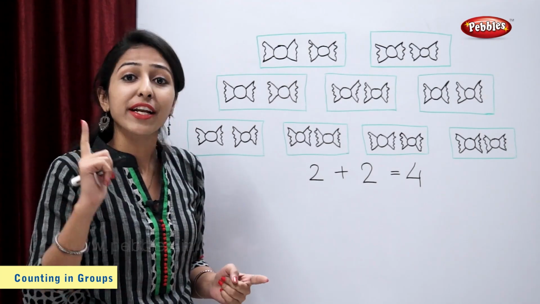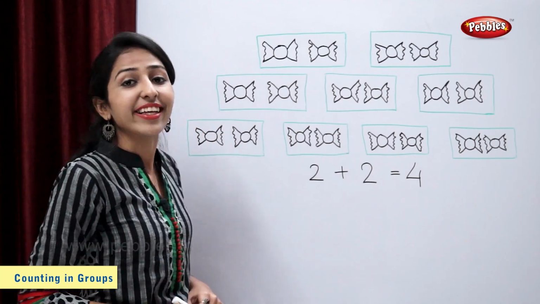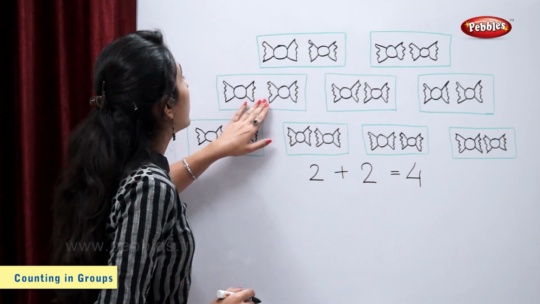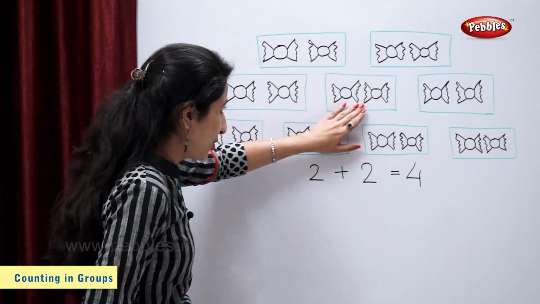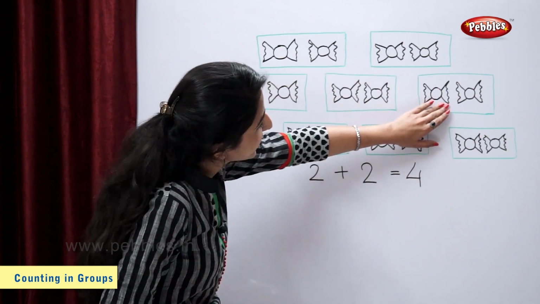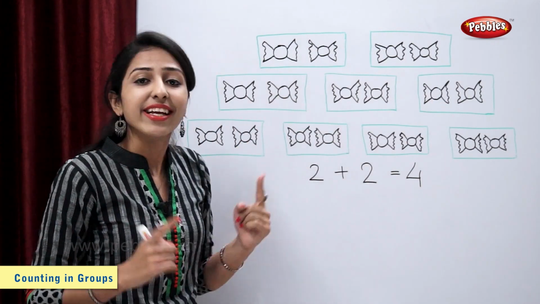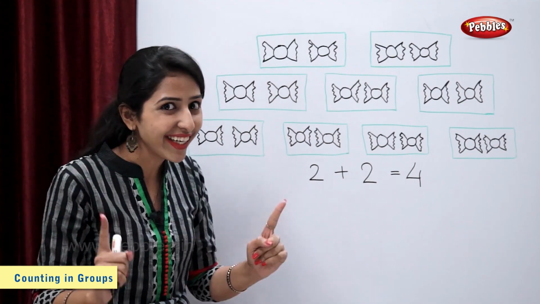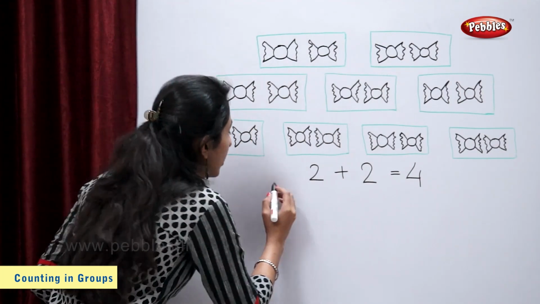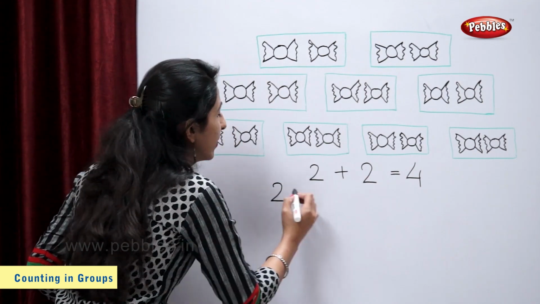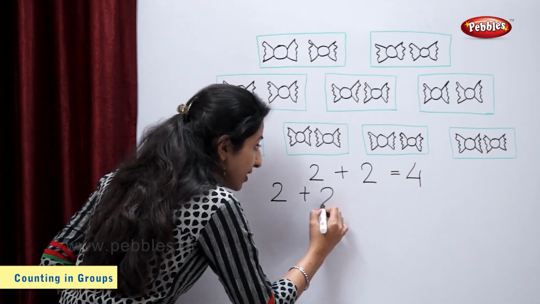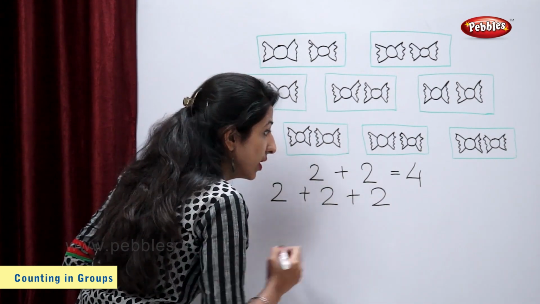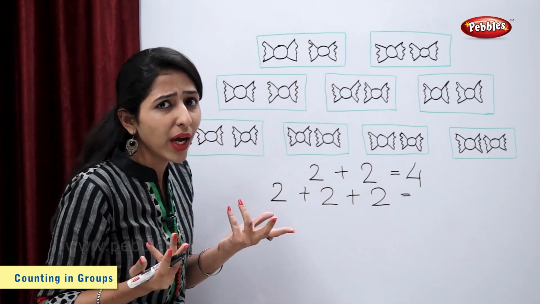Now let us count number of pairs in the second row. In the second row, there are 1, 2 and 3. 3 pairs in the second row. 3 pairs of 2 chocolates each. So 2 plus 2 plus 2 is equal to how much?